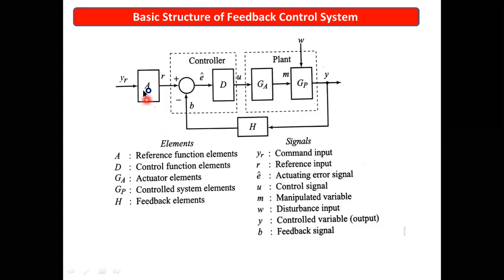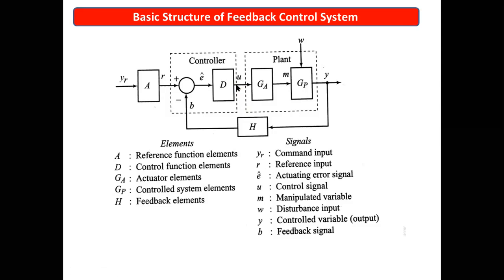So here this is the gain element A, this is the gain element D, this would be the amplifier gain, and this would be the plant transfer function or plant gain, and here could be some sort of disturbance in the input, and here a sensor gain is there. So likewise, the block diagram is structured in this pattern, and when it is structured this way, we can easily deduce the reduced form of the block diagram.